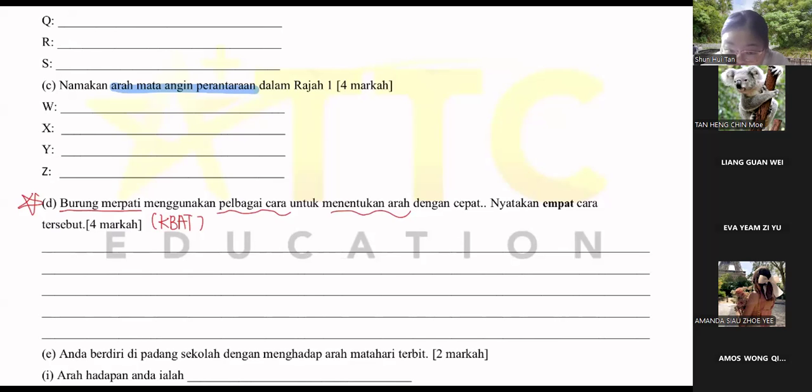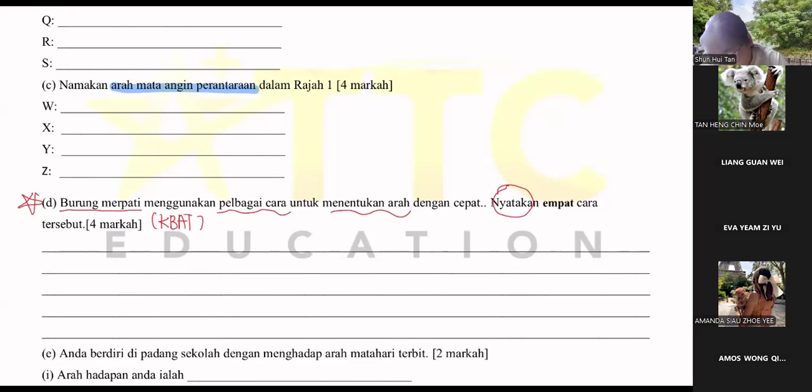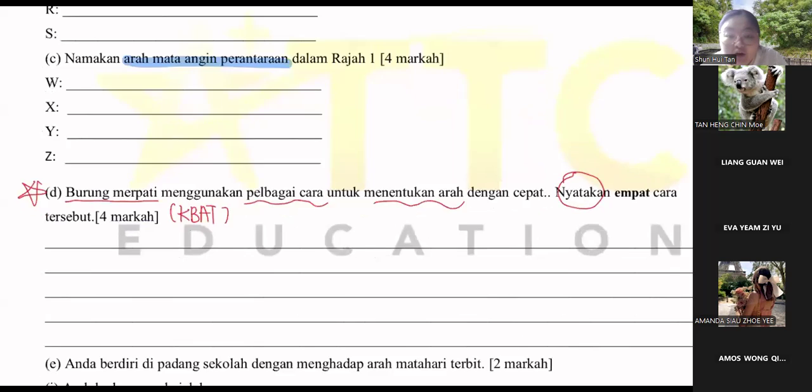Nyatakan 4 cara. Nyatakan, straight tell me how, no need to explain. Now, how do birds determine directions? First, it's very similar to ours, the very common one.